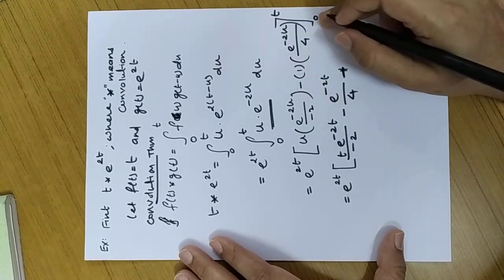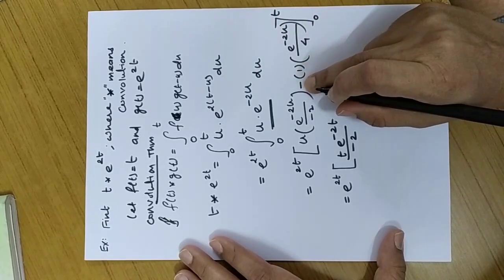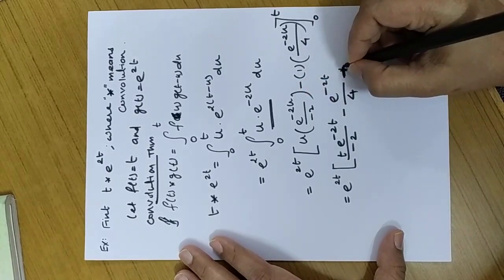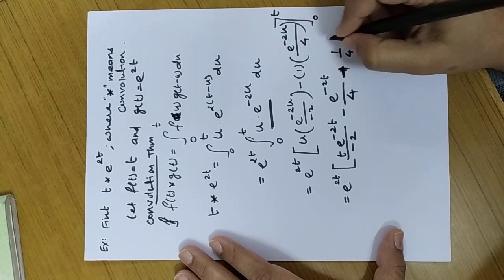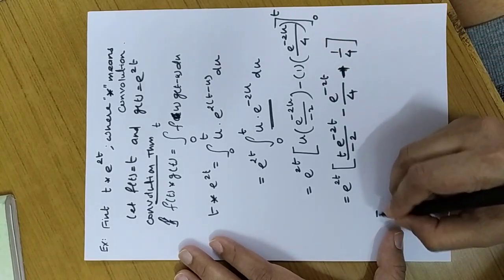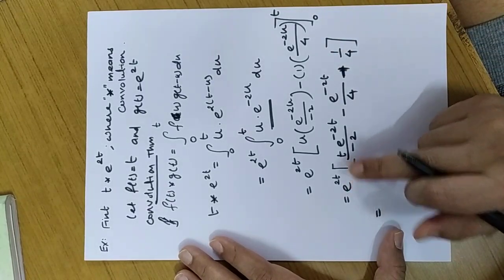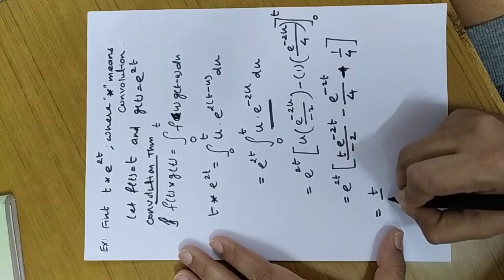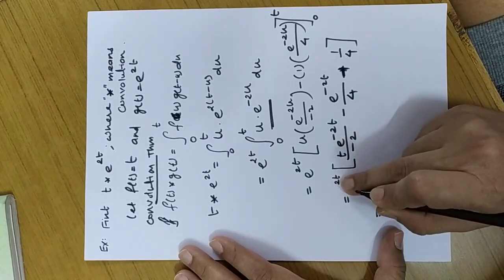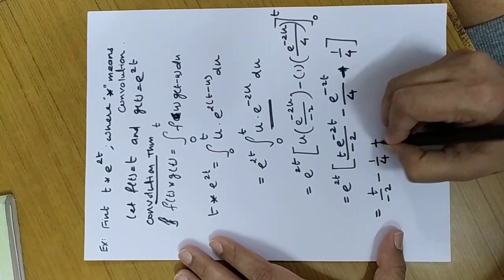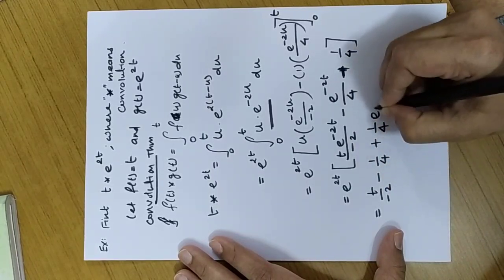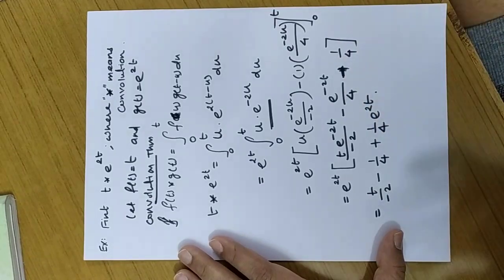So due to the lower limit and the negative sign already there, minus minus plus, and e raised to 0 is 1 by 4. Now you can multiply by e raised to 2t. So e raised to 2t into e raised to minus 2t is 1. So 1 by 4, and the last term is 1 by 4 e raised to 2t.